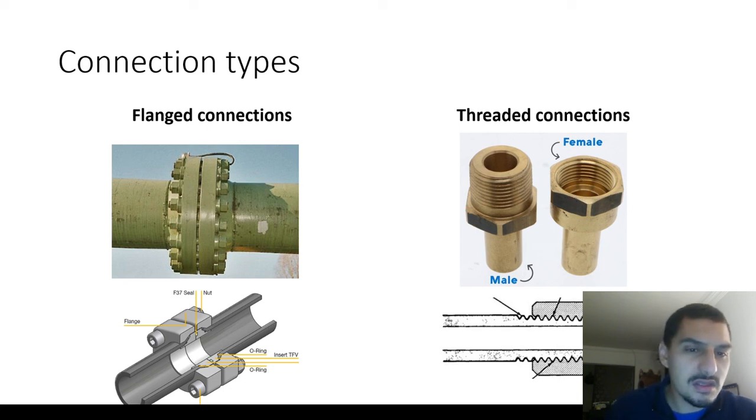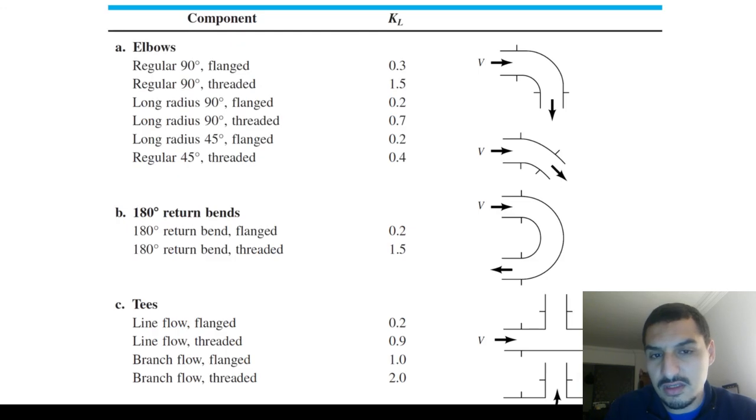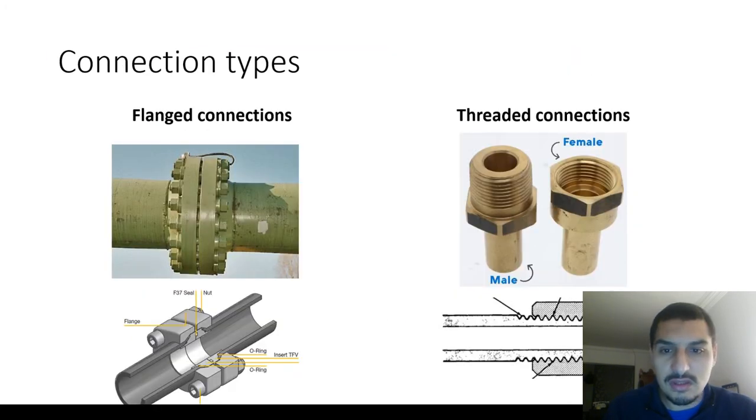Usually the area is not the same in both when you do it. Of course it should be the same, but there is a change in area that takes place here, which results in high pressure losses. And this is what we'll see here for all the flanged and the threaded connections. You'd see that the threaded is much higher than the flanged.